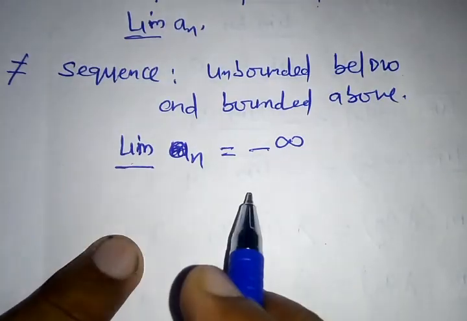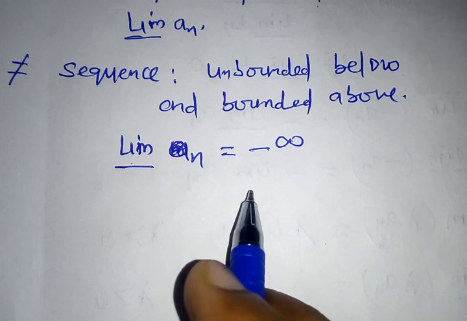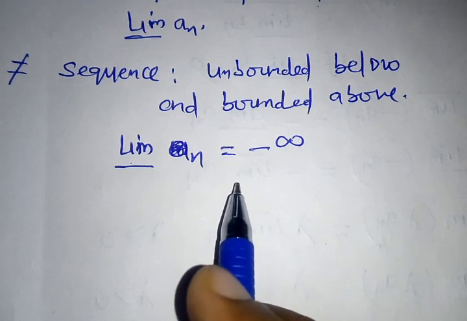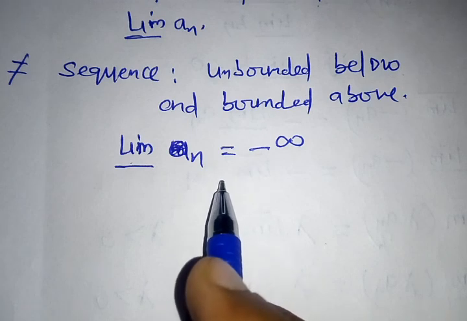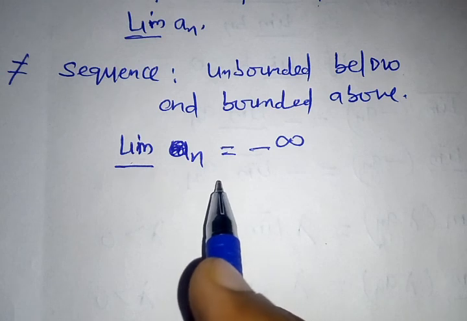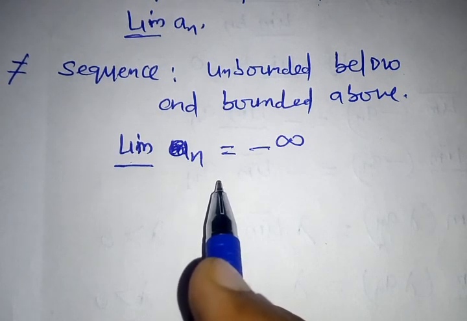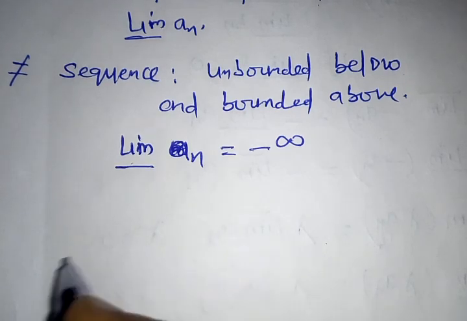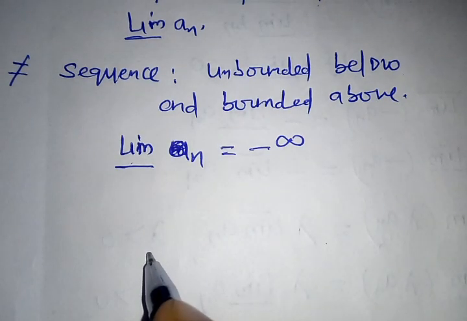And what we can say about limit superior is that it will be minus infinity if the sequence has no limit point, and if the sequence has a limit point, then the largest limit point will be the limit superior of the sequence. So these are some properties of limit inferior and limit superior.